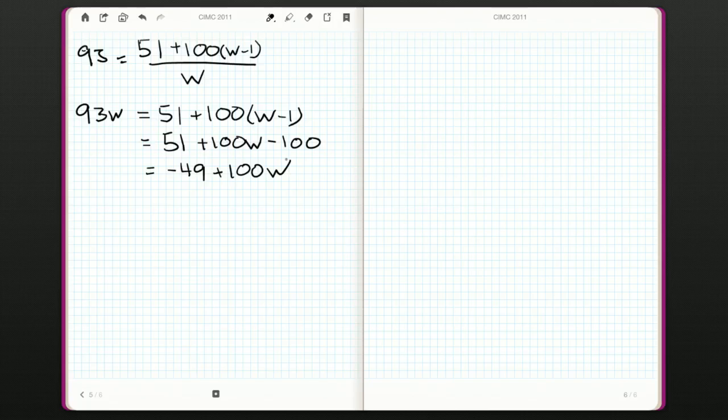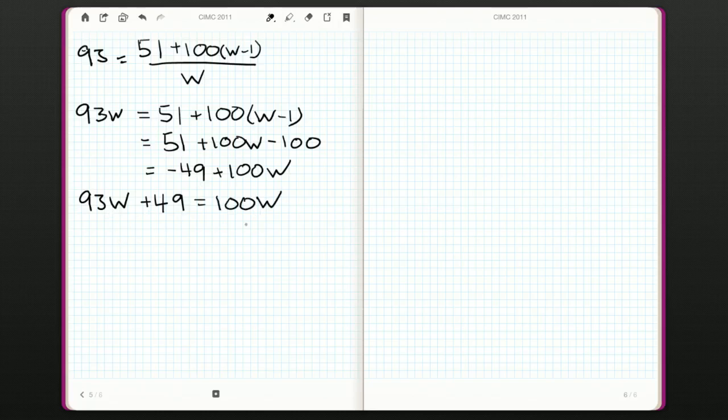Right? So what I want to do is get all my numbers on one side and just isolate W by himself on the other side. Okay. Well, I don't like this negative 49. I'd like him to be a positive. I'd like him on the left-hand side. So I can rearrange my equation thusly. Add 49 to the left side to cancel it out on the right side. So I have 100W over here, 93W.